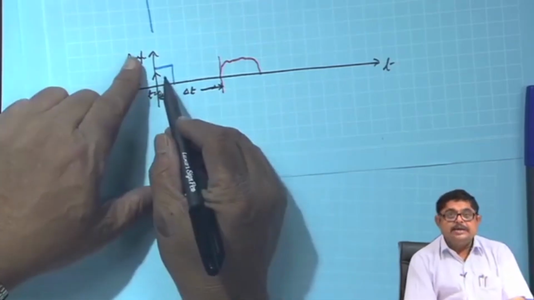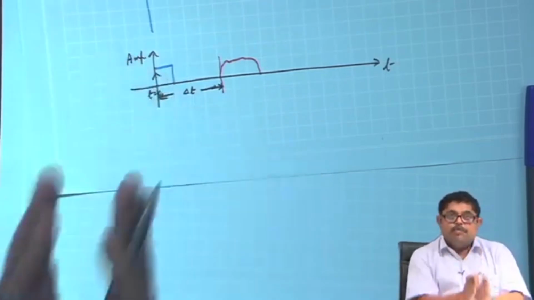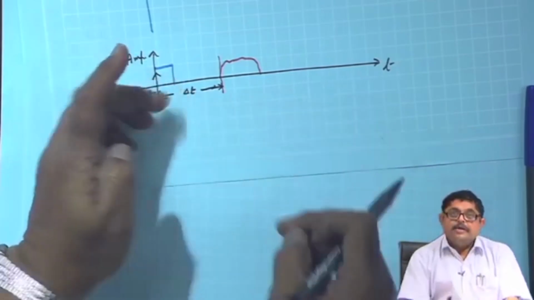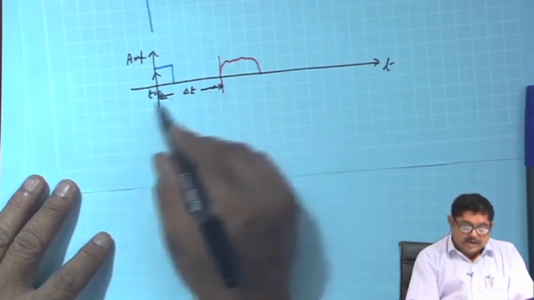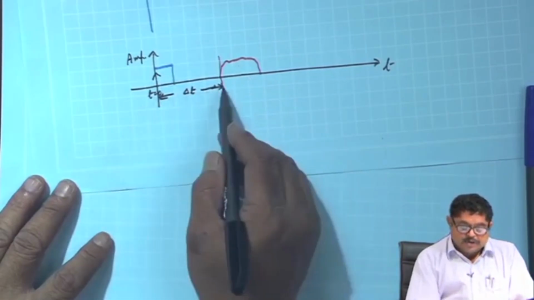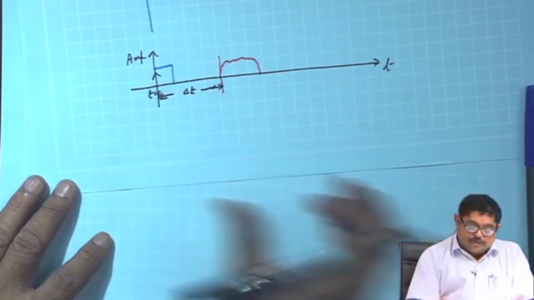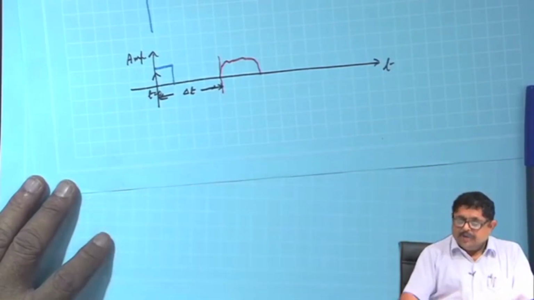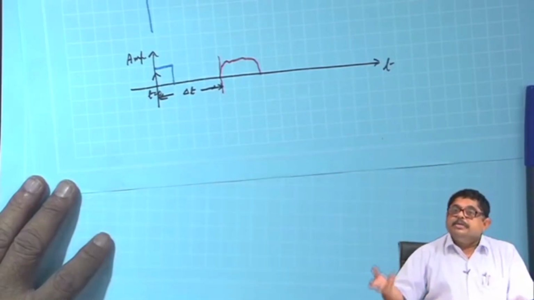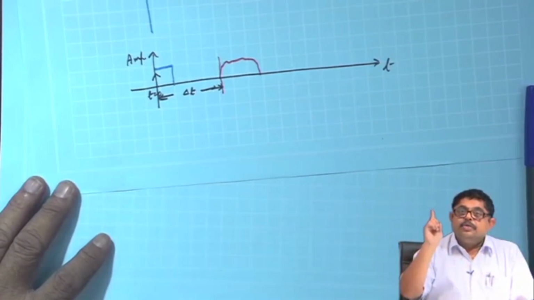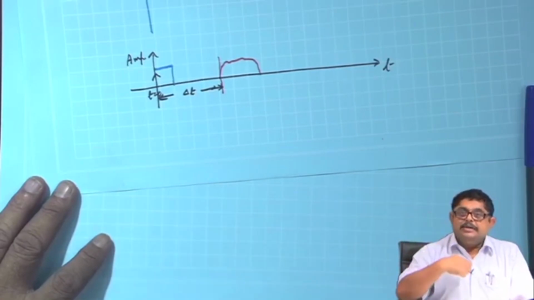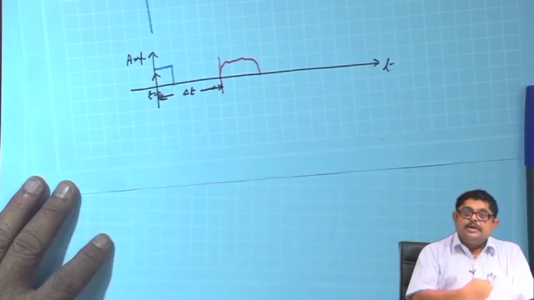That means I have sent a signal, now I have stopped, then the echoes are coming. Let us say an echo has come like this, and I measure from my transmission to this, the time elapsed is delta t. So I can now easily calculate range. The signal has gone to the target, hit the target, the target has scattered it, and it has come back.